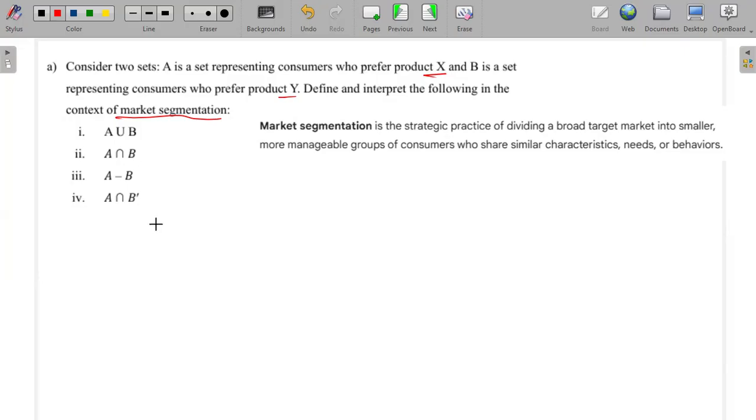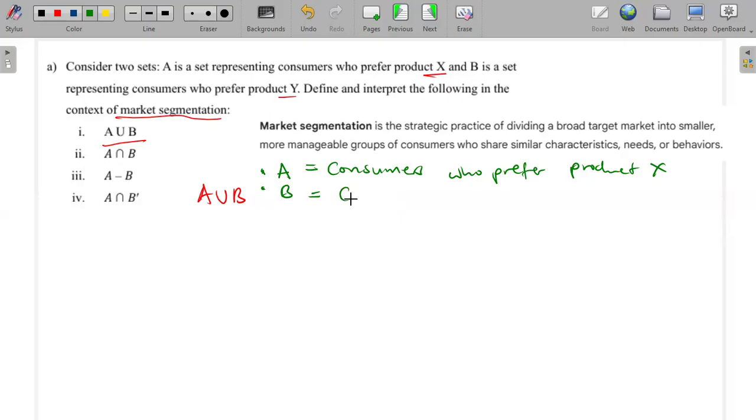The first one on the list is A union B. First of all, we must take note that A is equal to consumers who prefer product X, and B is equal to consumers who prefer product Y. So we have A, consumers who prefer product X, and B, consumers who prefer product Y. Now they want us to define and interpret the following in the context of market segmentation.